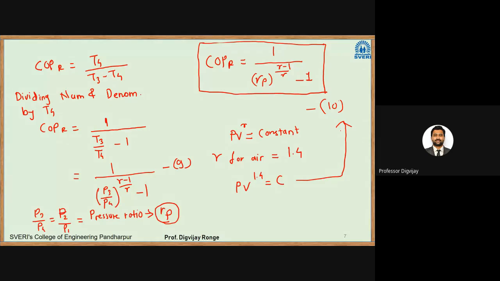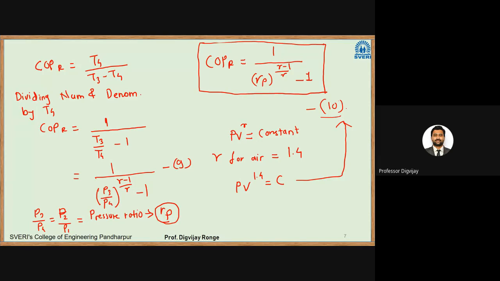If they have given that both compression and expansion follow this law, then you can use this formula, that is expression number 10: COP is equal to 1 divided by pressure ratio raised to gamma minus 1 upon gamma, minus 1.